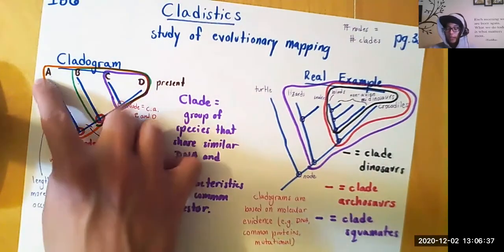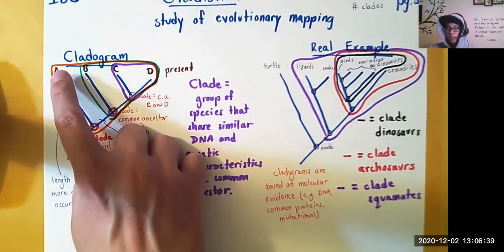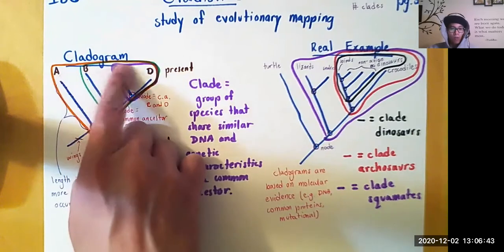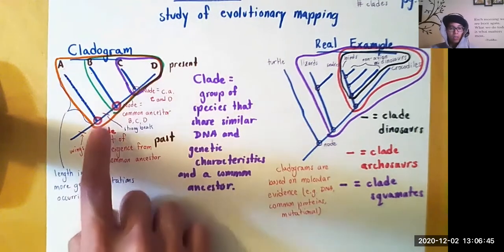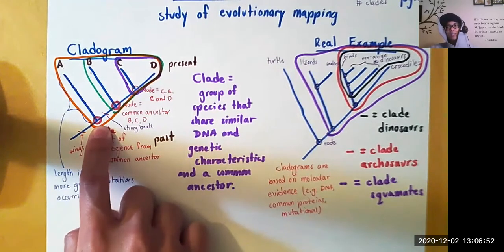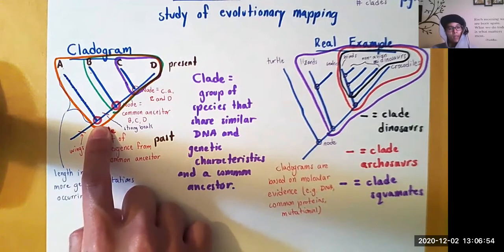The biggest clade you see within this cladogram includes the organisms A, B, C, and D. All 4 of these species belong to the same clade because they all have similar characteristics, similar DNA, and of course descended from the same common ancestor.